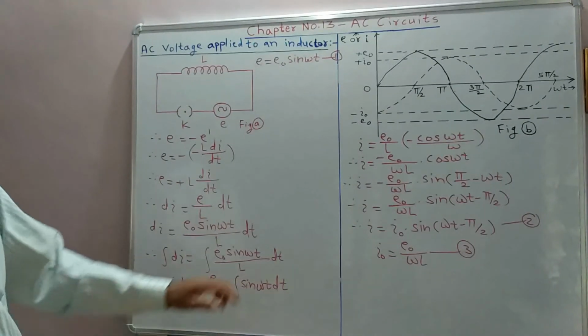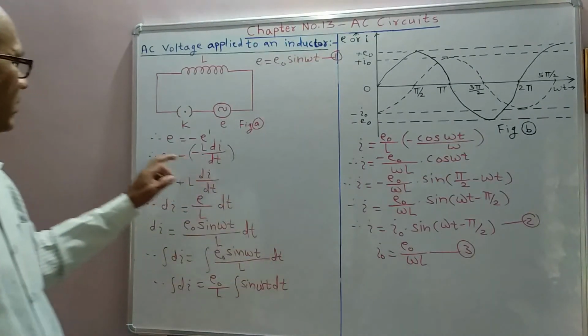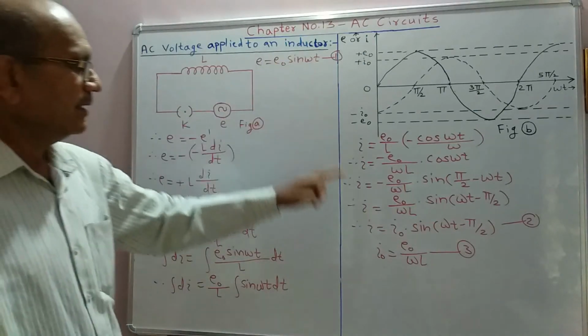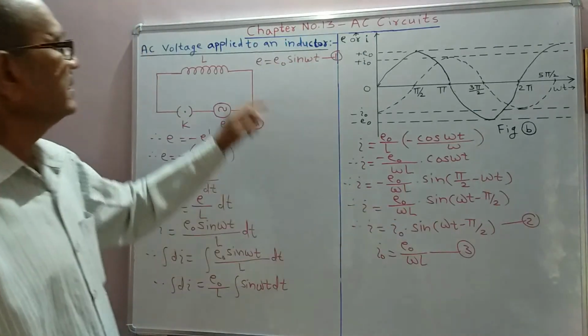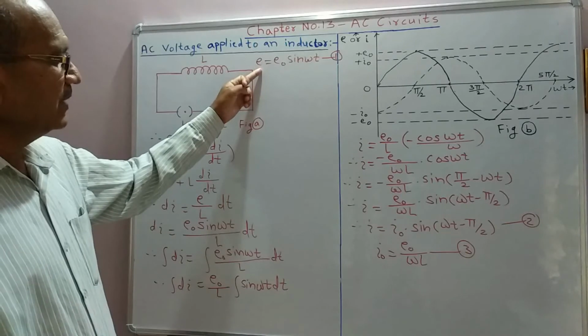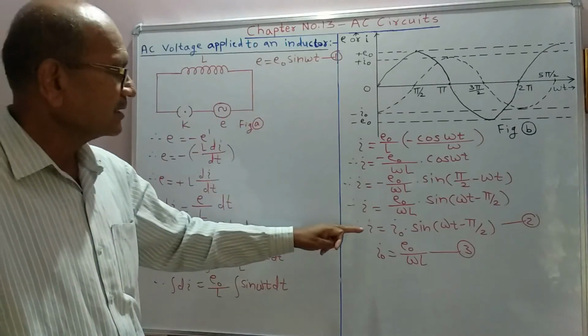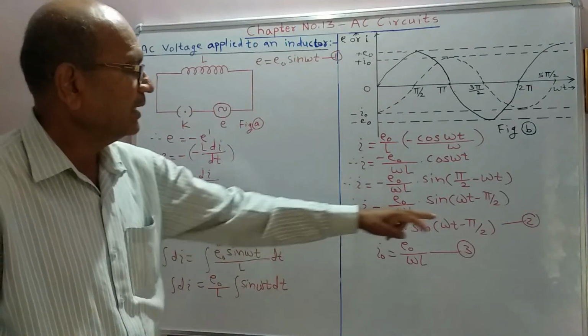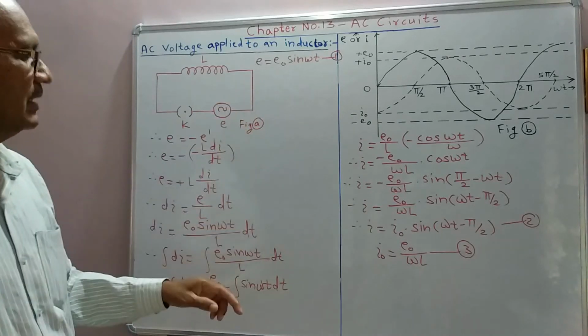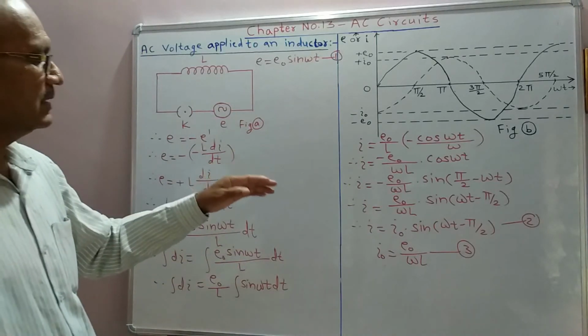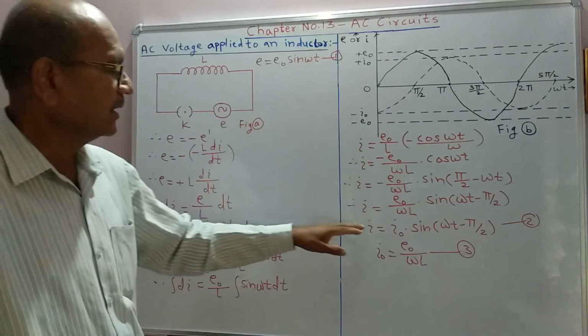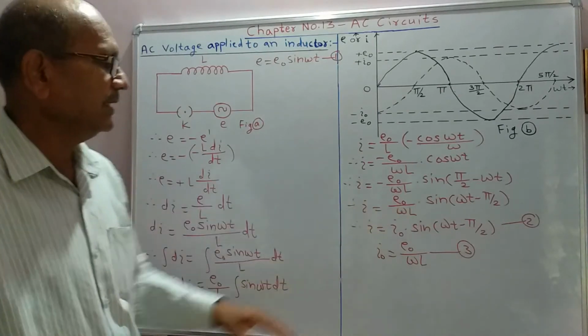Now from equation 1 and equation 2, it is clear that EMF E leads current I by pi by 2 radians. That is, EMF is ahead of current by pi by 2 radians.